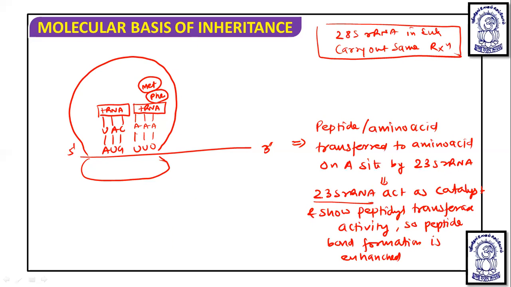But in prokaryotes, 23S rRNA is involved in formation of the peptide bond. The elongation factors are required in this process.